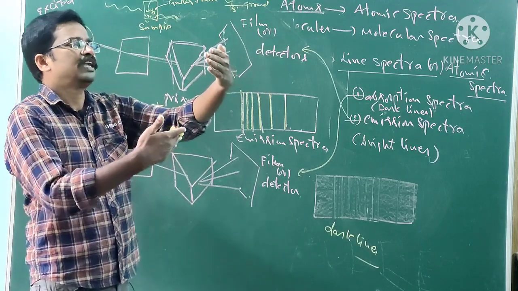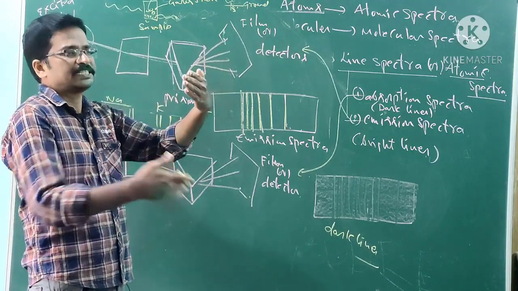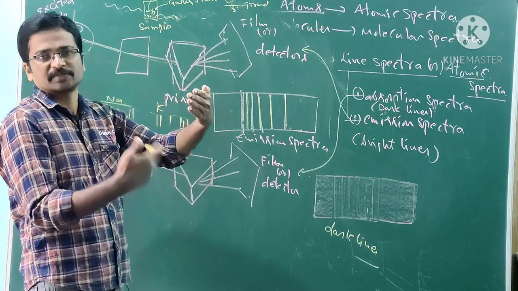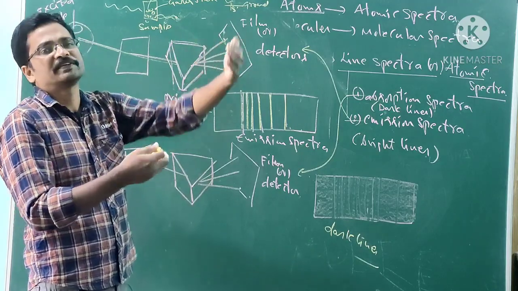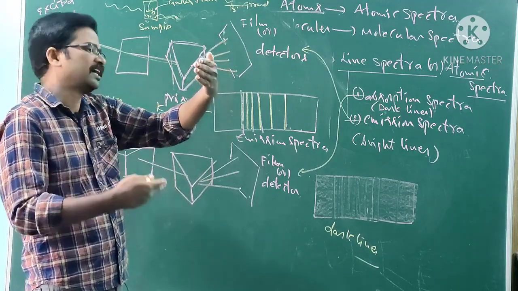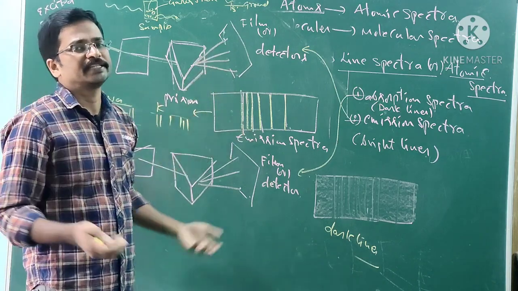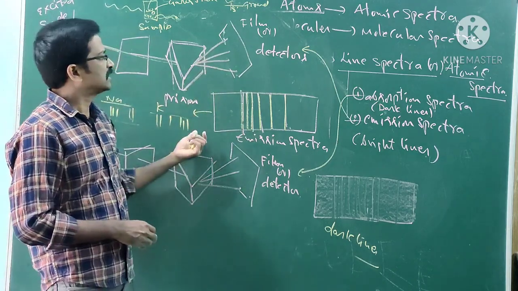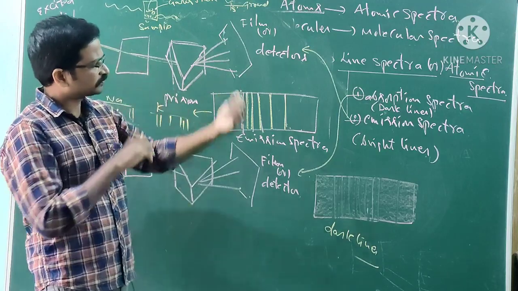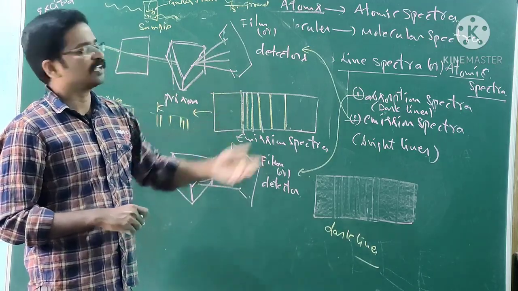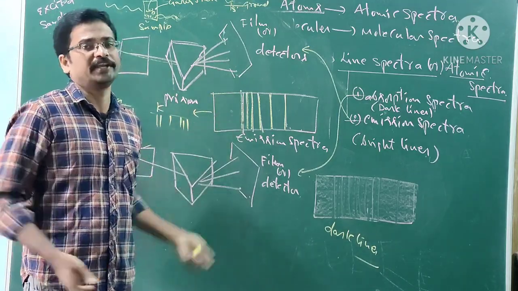The present sample gives certain spectra, so let us compare it with the previous history of atomic spectra, and you can get the results. That is the reason why line spectra or atomic spectra are used nowadays also.